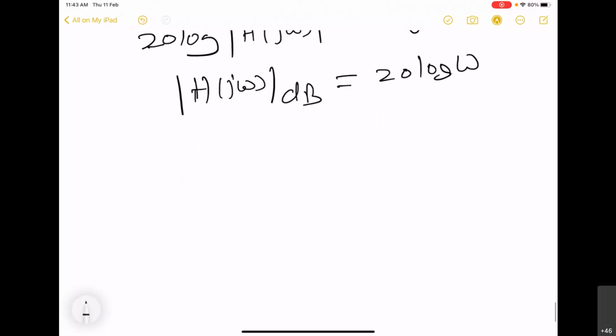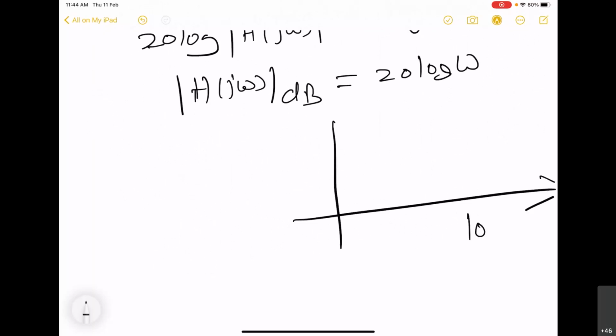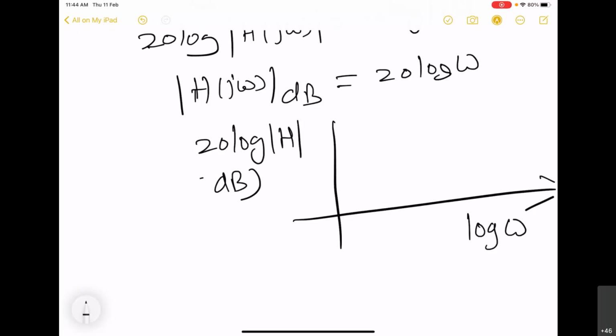So what we do here is, on the x-axis we plot log omega, and on the y-axis we take the log magnitude of H, and this will be in dB. This is the convention, and it has great advantage in simplifying the process of finding these plots for more complicated transfer functions. So we will see the advantage of going for this log scale.